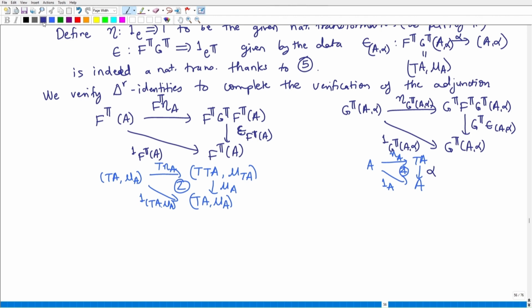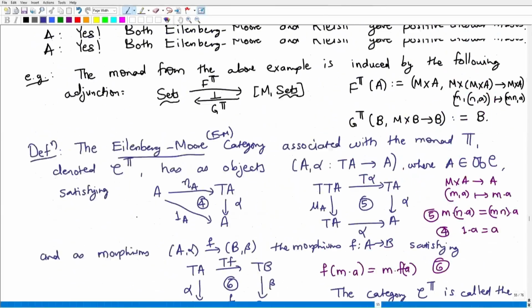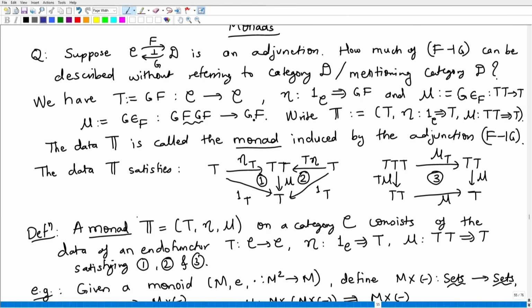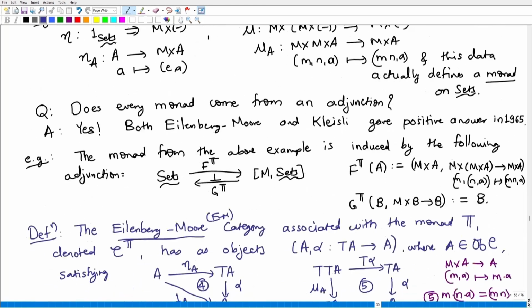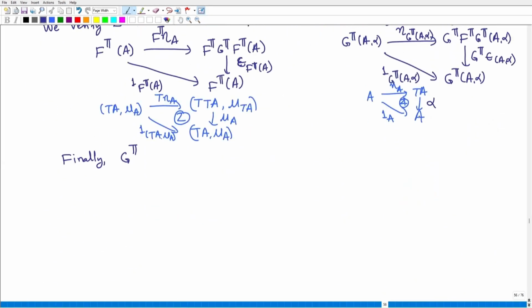Okay, so we are yet to do one more little thing to complete the verification. So finally, if you remember, we said that given an adjunction, the monad multiplication was given by G ε_F. We have to verify that it is indeed what we got. Well, let's try. What is it?